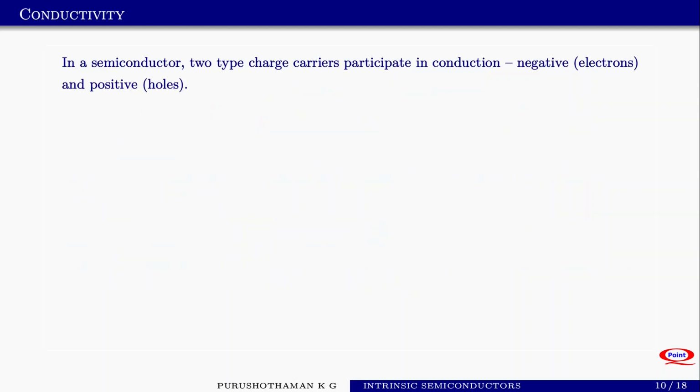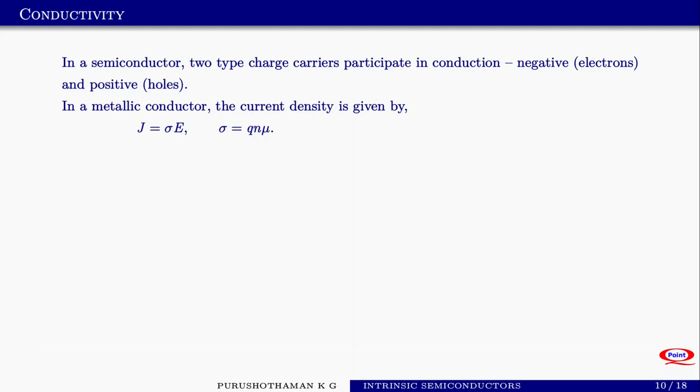Now let us find an expression for the conductivity. In a semiconductor, two types of charge carriers participate in conduction: negative electrons and positive holes. In a metallic conductor, the current density is given by J is equal to sigma E, where sigma is equal to Q into N into mu.